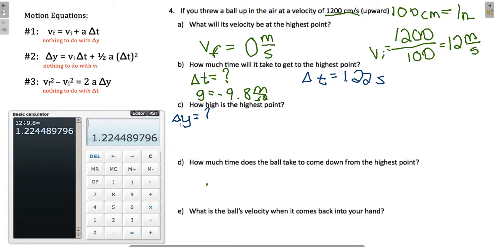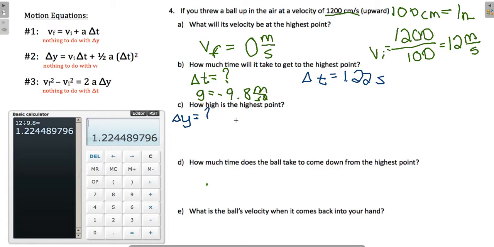We have to find delta y now. If you look at your equations over here, we do know velocity final. It's 0. If you want to find delta y, I think it'll still be easiest to use equation number 2, just because delta y is already equal to something.